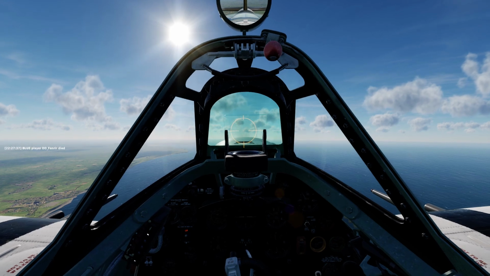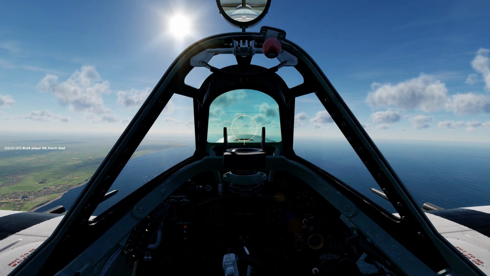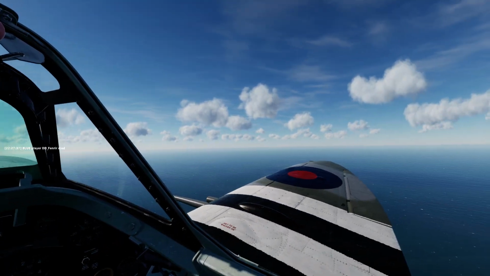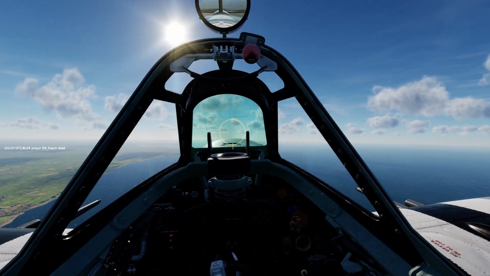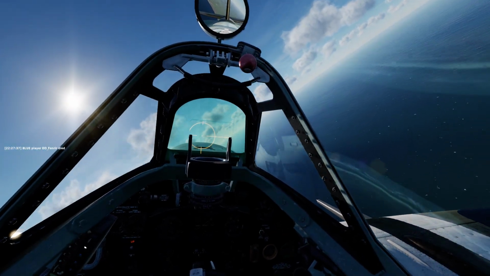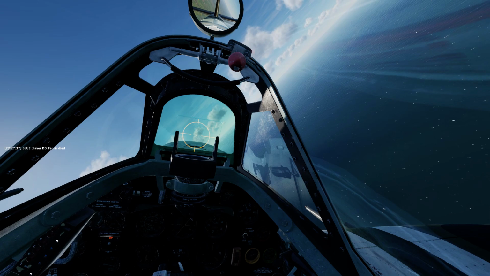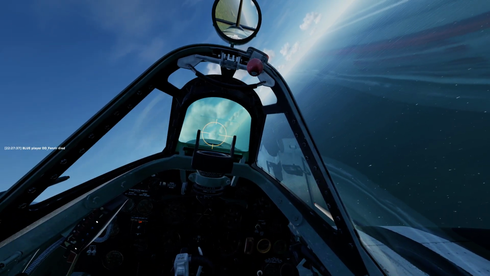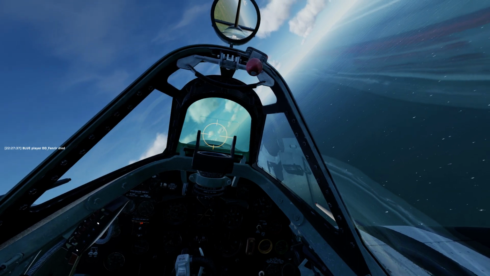Okay, so let's come back to 7 pounds boost. Let's watch. I'm going to do a 180 course change here, just so we get the sunlight reflecting on it. It's a little bit darker in the Spitfire cockpit.